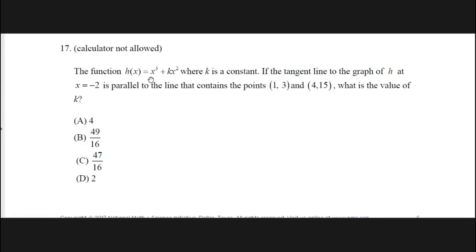Okay, 17, we have a function h. If the tangent line to the graph of h at x equals negative 2 is parallel, which means the slopes are the same, to the line that contains these points, what is the value of k? So first things first, I would find the slope of these 2 points.